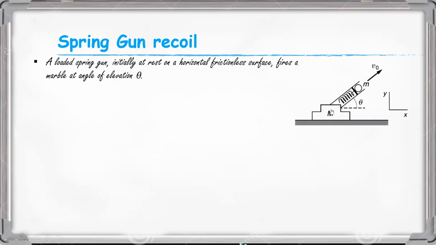Here the main difference is the capital M, the base of the gun, is not fixed. It is placed on a smooth horizontal frictionless surface, so it can move.